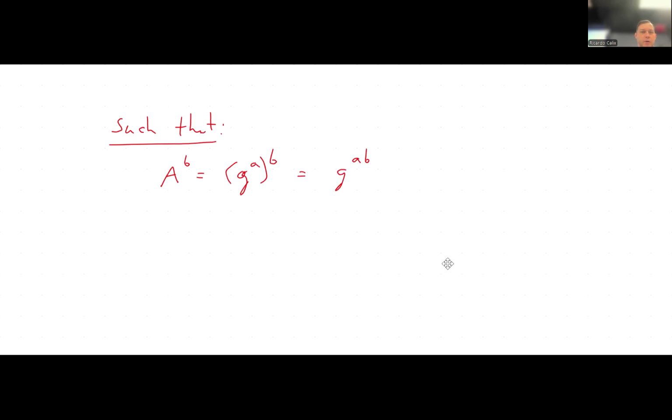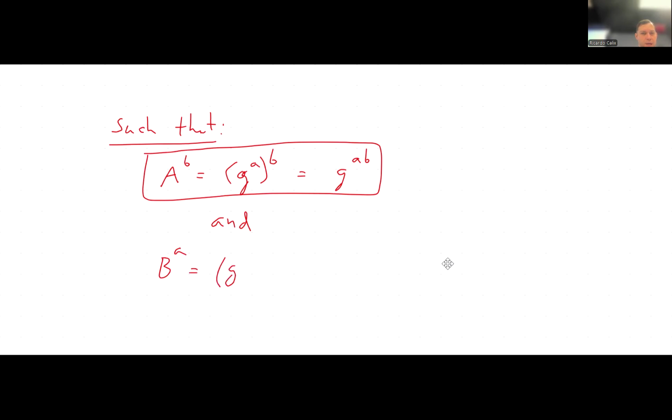And on the other side, let's say one is Bob and one is Alice, you'll have B to the a, and that will give you g to the b to the a, which can be rearranged and rewritten as g^ab. Do you guys see that?